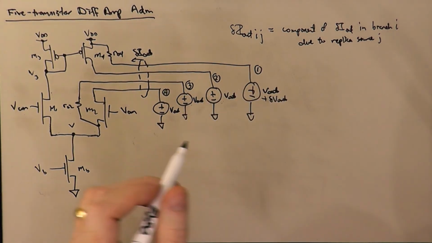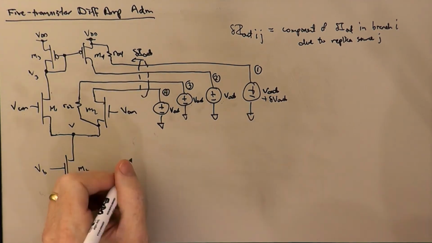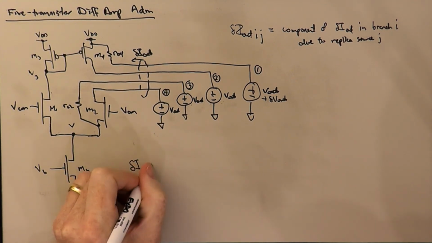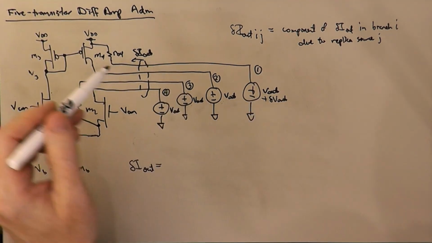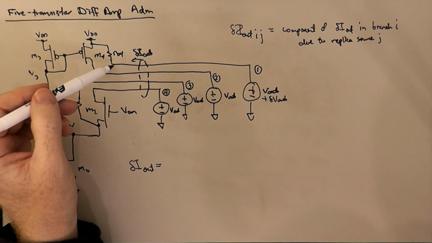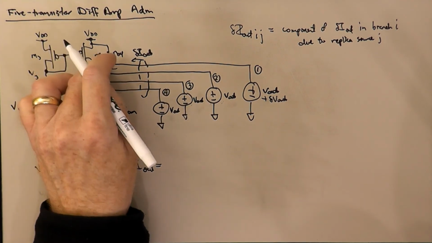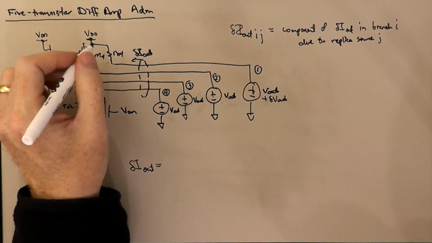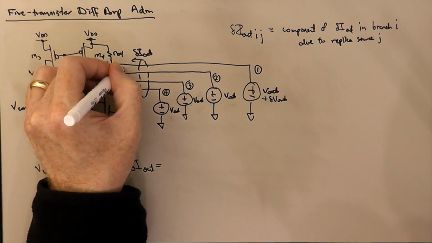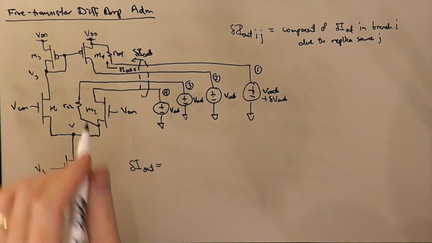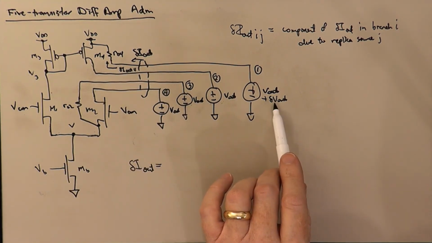Well, here we have this branch connected to a resistor. So we're going to accumulate the delta I out down here. We have this branch connected to the early effect resistor RO4, and so we're going to have a delta I out in branch 1 due to the change in voltage on replica source 1.